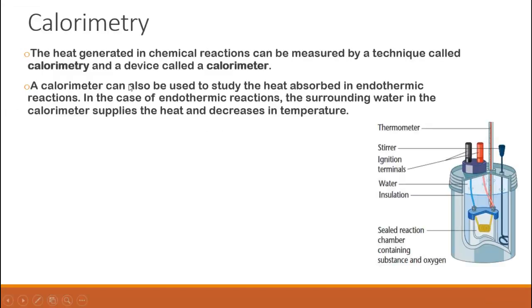First, when you read the title calorimetry, what do you remember? What are related words you can remember? Yes, calorie. So the first word in your mind is calorie, and the calorie is the unit used to measure the amount of energy in food.